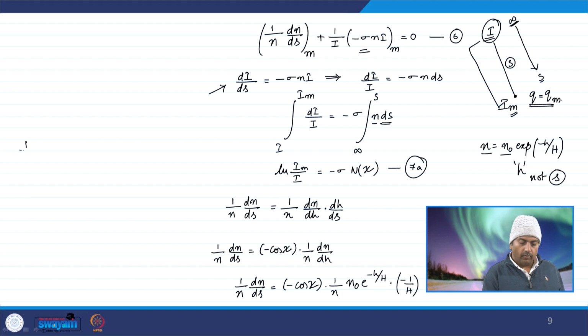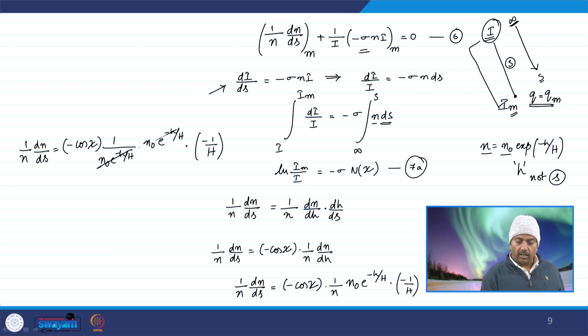which is equal to 1 by n dn by ds is equal to minus cos chi times 1 by n, which is again n naught exponential minus h by H times n naught exponential minus h by H times minus 1 by scale height.